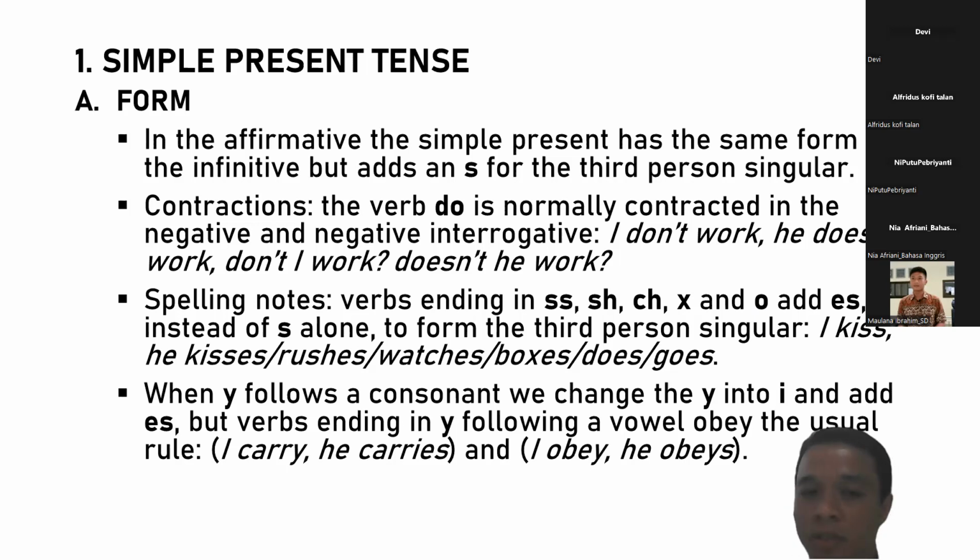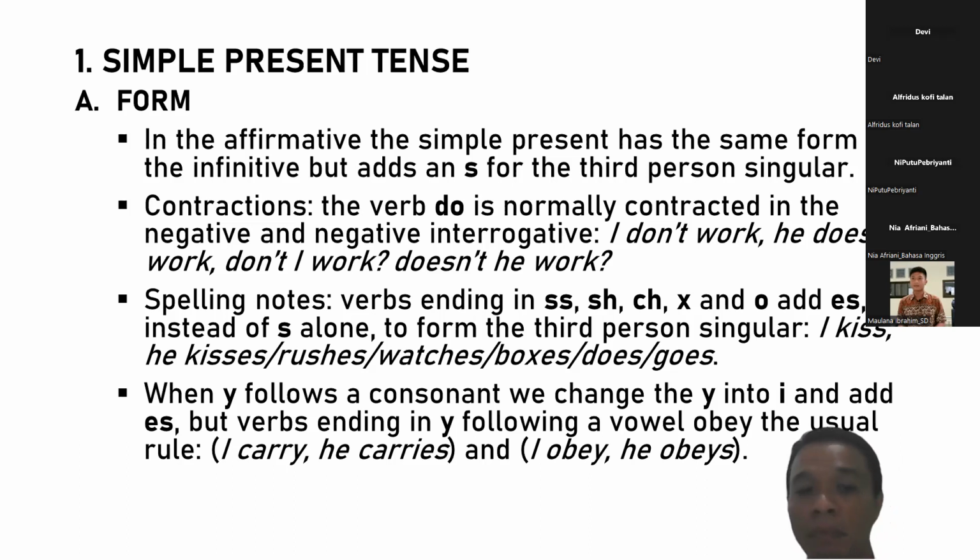And spelling. Verbs ending in double S, SH, CH, X, and O add ES instead of S alone to form the third person singular.